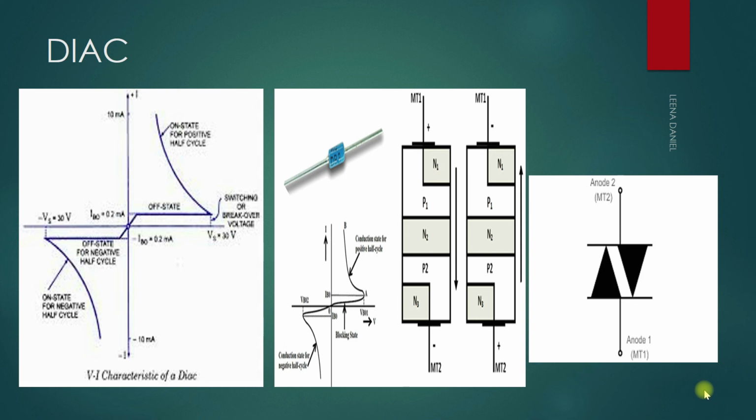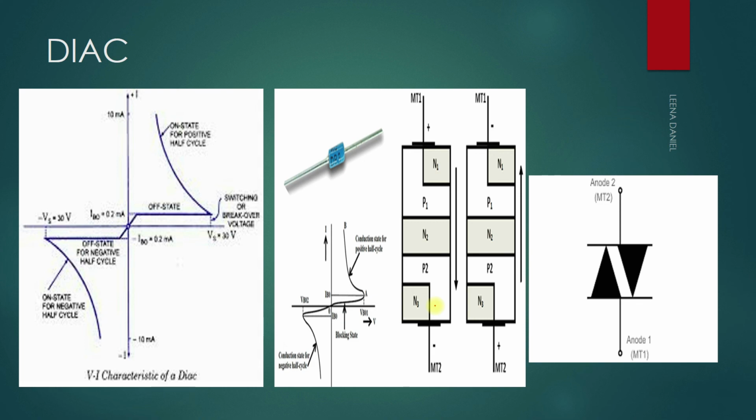Diac. See, this is the cross-sectional view of the diac, and if we see the cross-section, we can conclude that it is a combination of two thyristors. If we start from this side, it is an NP thyristor.